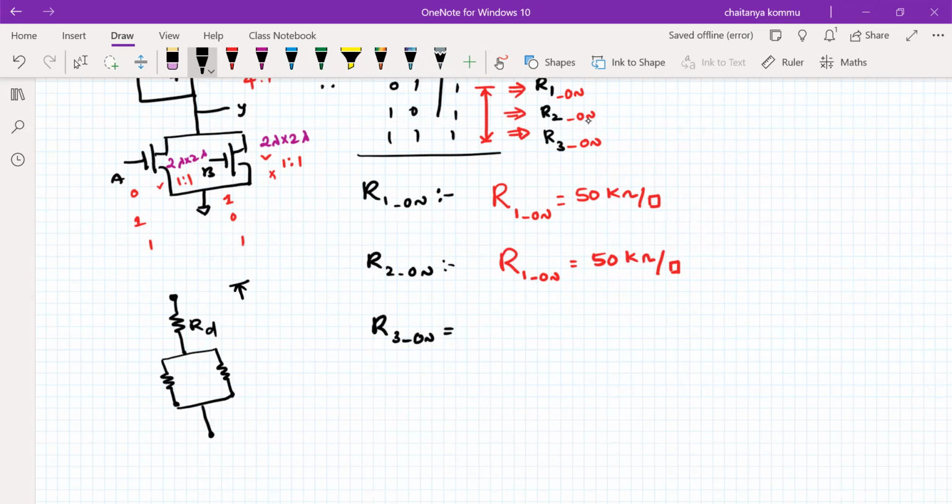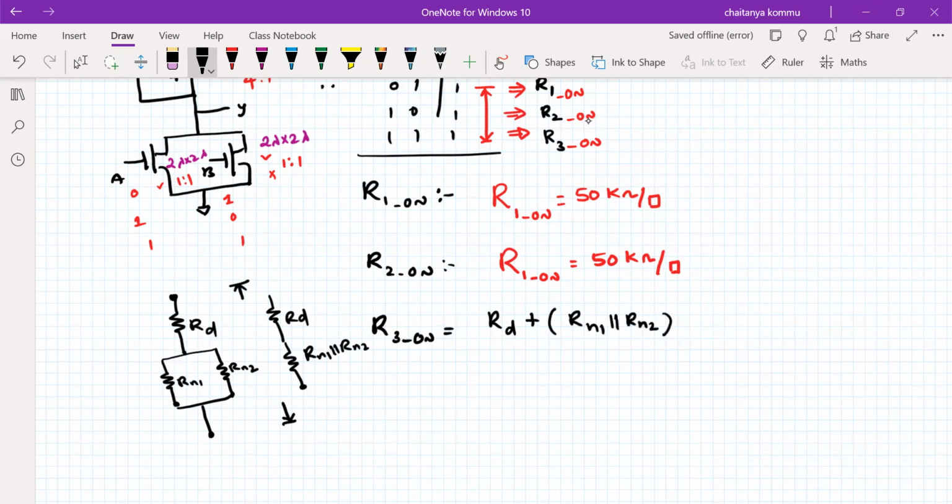So what is the total resistance observed here? For example, this is Rn1, this is Rn2. So the total resistance is Rd plus the parallel combination of Rn1 and Rn2, right?